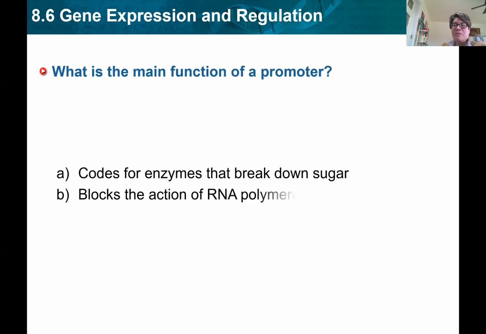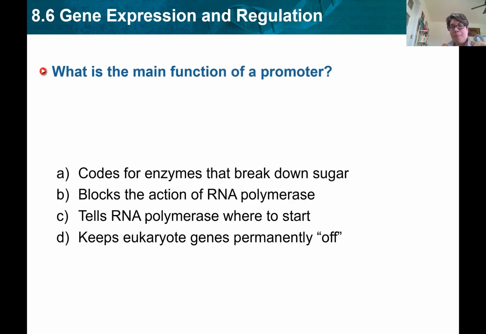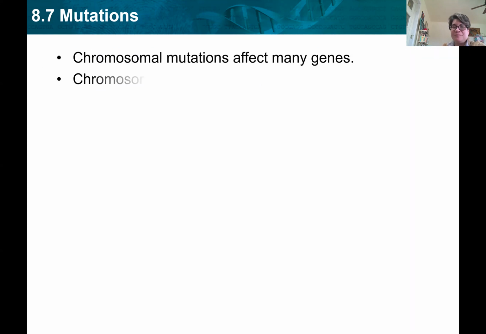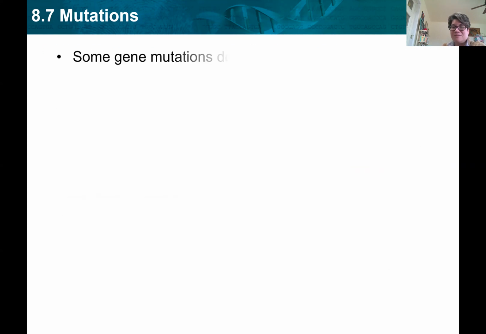And what is the main function of a promoter? So those promoters tell that RNA polymerase where to start, and they can turn genes on and off. All right, last section, almost done.